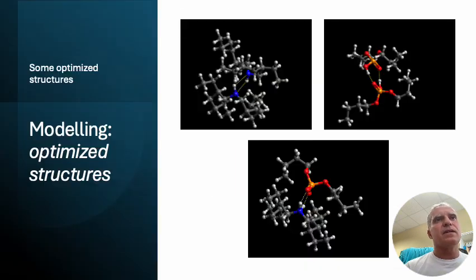What is interesting is that also the pure components are interacting. This guy is interacting with itself. This acidic one is interacting with itself. But this stabilization energy is quite low.